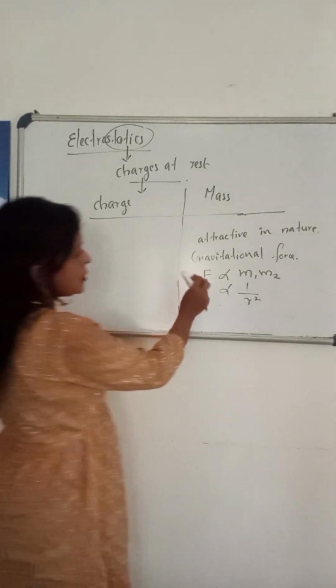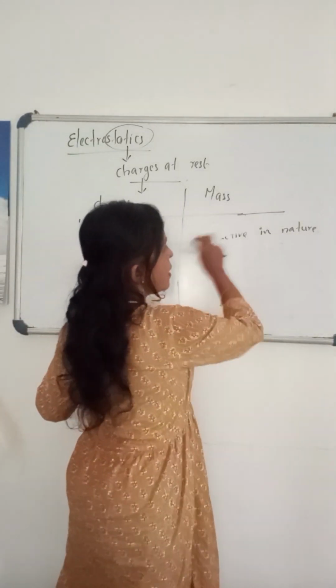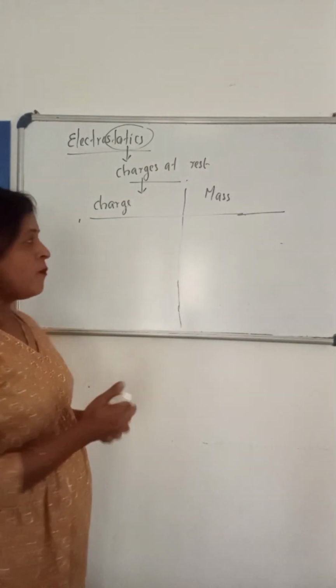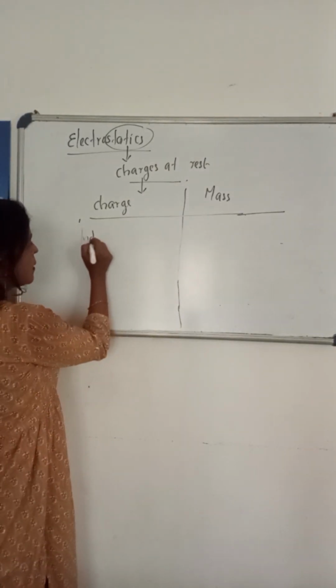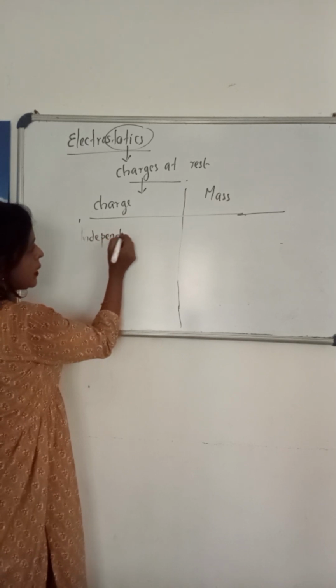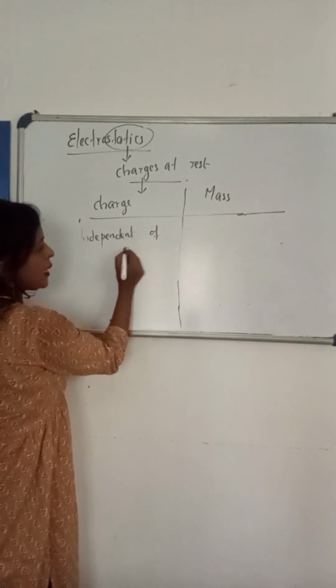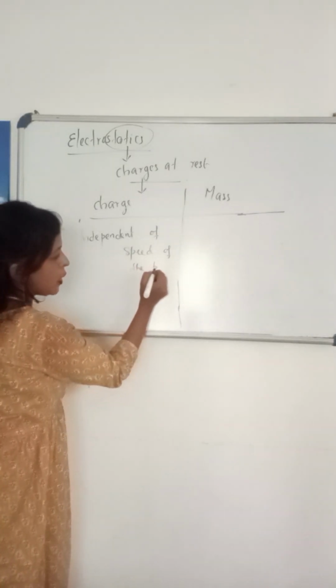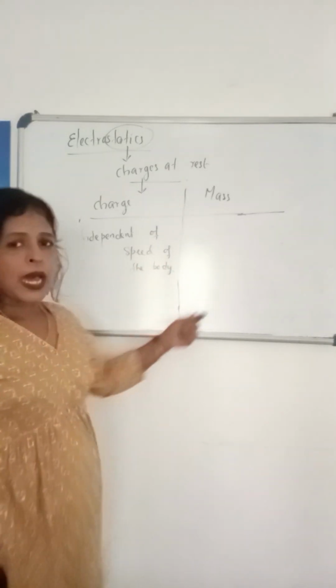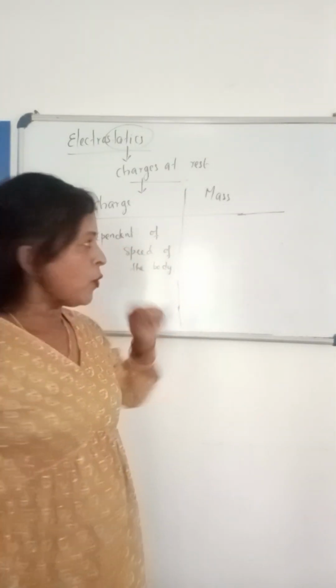Next, charge is independent of the speed of the body. But mass depends upon the speed of the body.